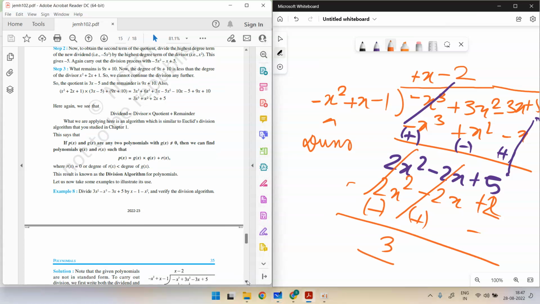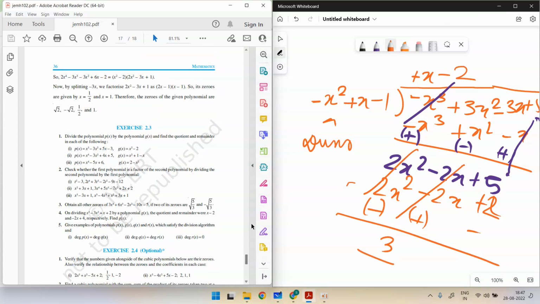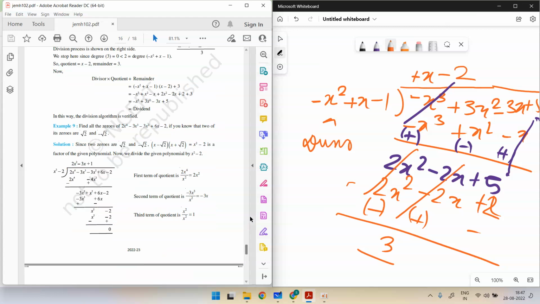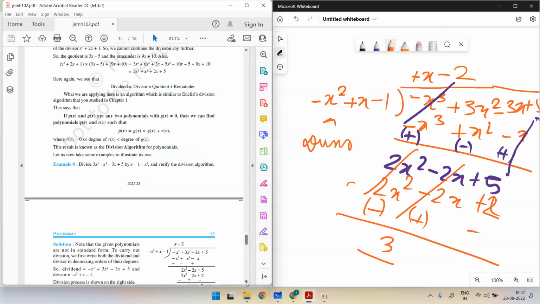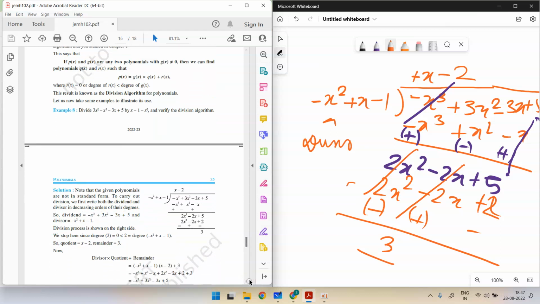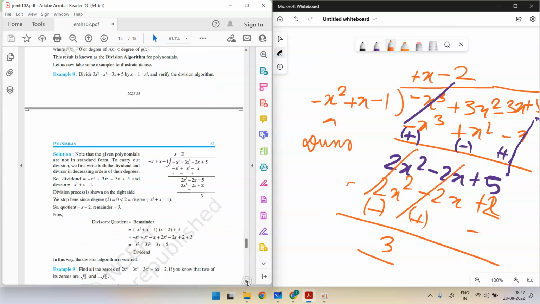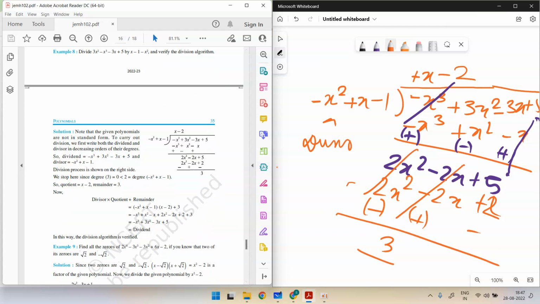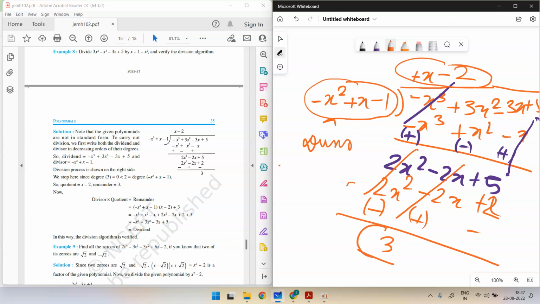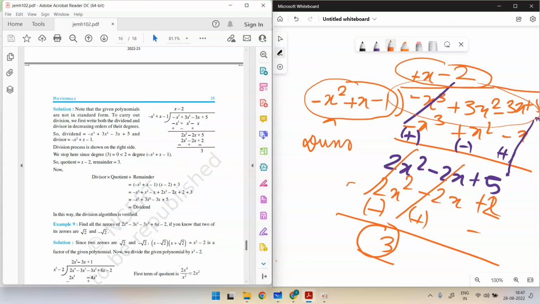So if you multiply divisor into quotient and add this remainder 3, it will give you the original dividend. This is the division algorithm, which has to be verified, hence it is verified.